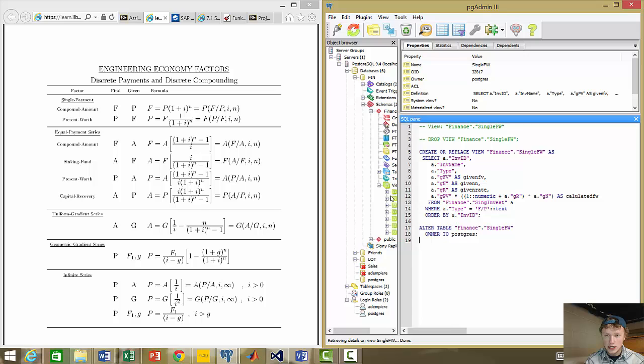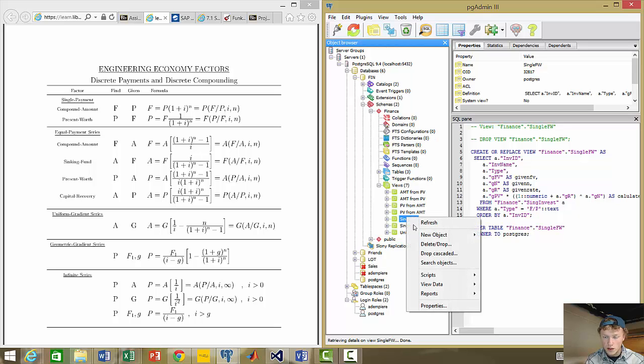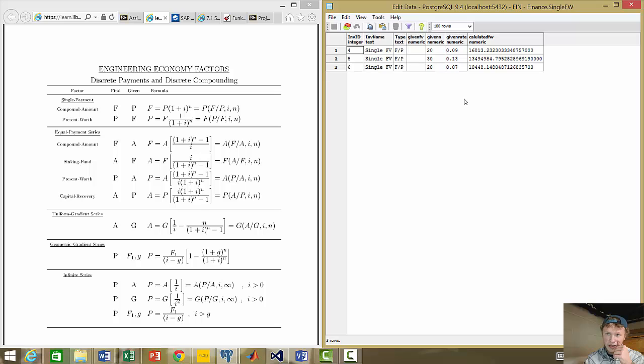So if we actually open up this table, view data, top 100 rows, you'll see that it outputs the calculated future worth of all of these, which is really neat.